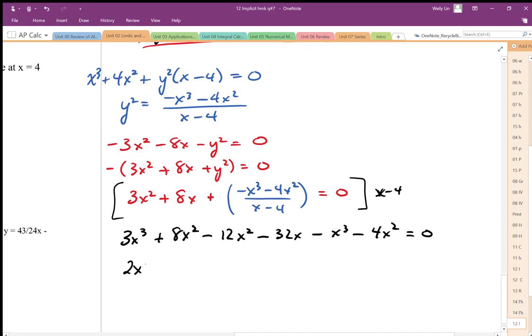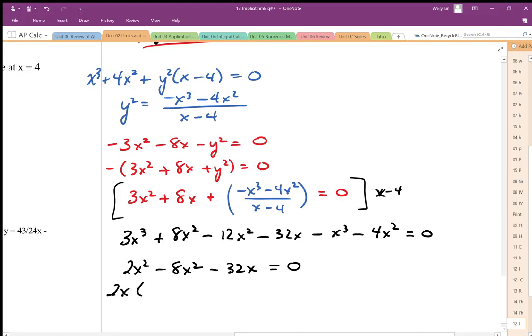Combine my like terms. I'm going to end up with x squared, negative 4x squared, negative 8x squared minus 32x equals 0. Factor.